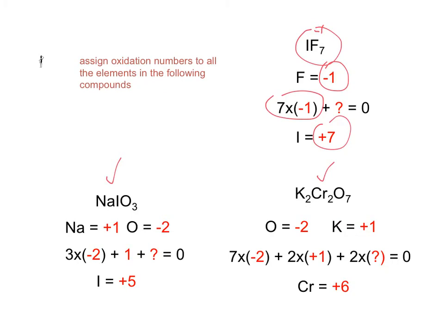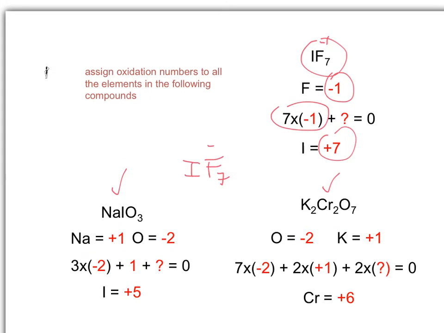One thing I want to mention when you're assigning oxidation numbers: remember that you're not assigning the oxidation numbers based on the number of atoms present. So you're not going to write, for instance, a -7 above the F. What you're actually going to write above it when you start doing tracking later is the oxidation state of just the single element.